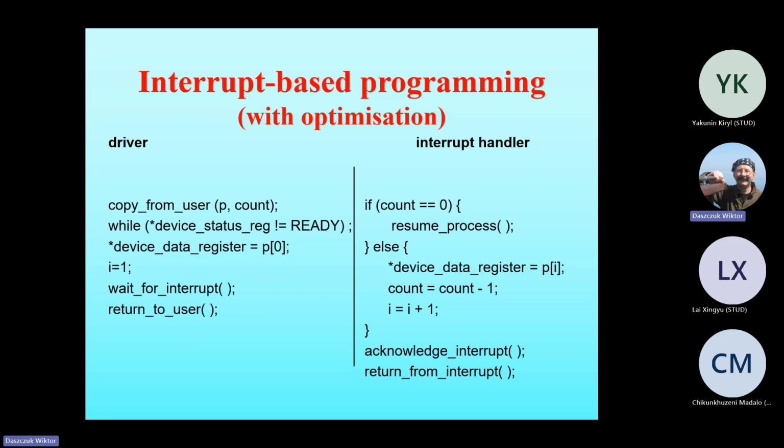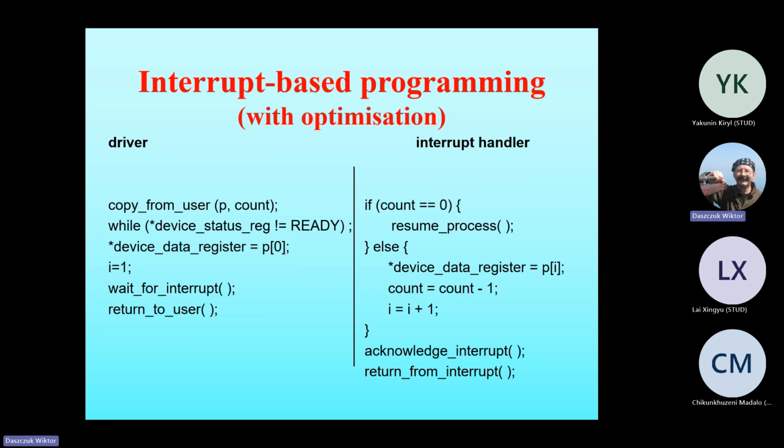So we copy data from user, we check for readiness of the device, we send the first character P of 0, we set the number of bytes transmitted to 1, and we wait for the interrupt only once.